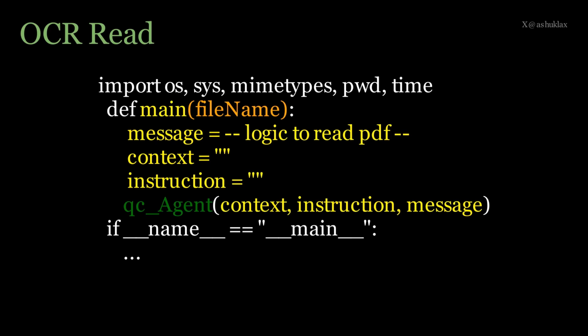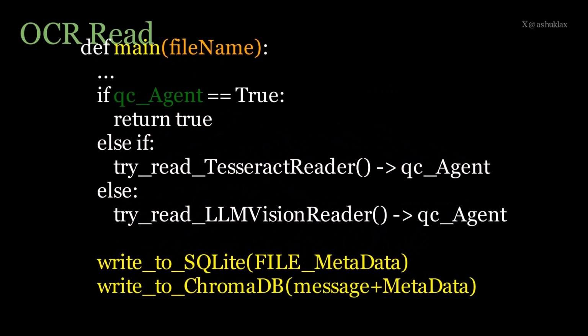What we are asking this QC agent to do is to verify whether the results of the output are good or not. Then we changed this code to wrap it in an if-else statement, so you can see it here. First, we call PyPDF and verify whether the results come from a good quality OCR engine or not. If the results are good, then we don't need to move any further, and we can just store these results directly into ChromaDB and SQLite.